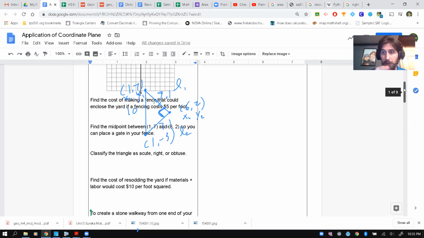Okay, the ultimate goal for this second portion is to classify the shape and then hopefully find the area of it, because the fourth thing we're asked to do is find the cost of resodding the yard.